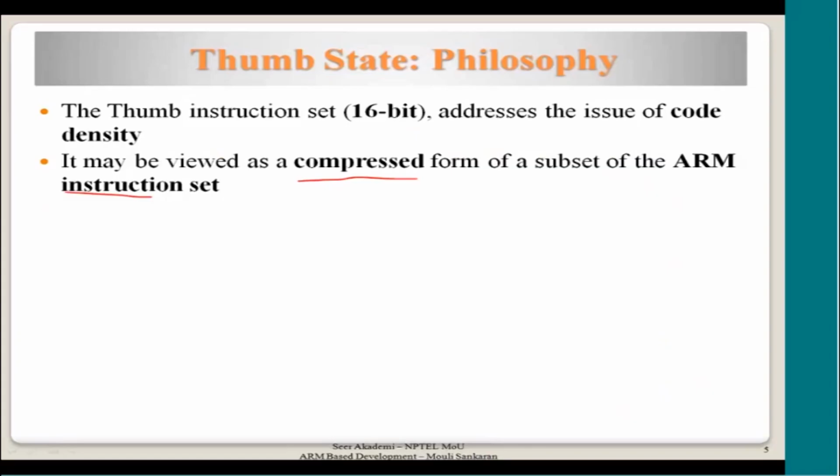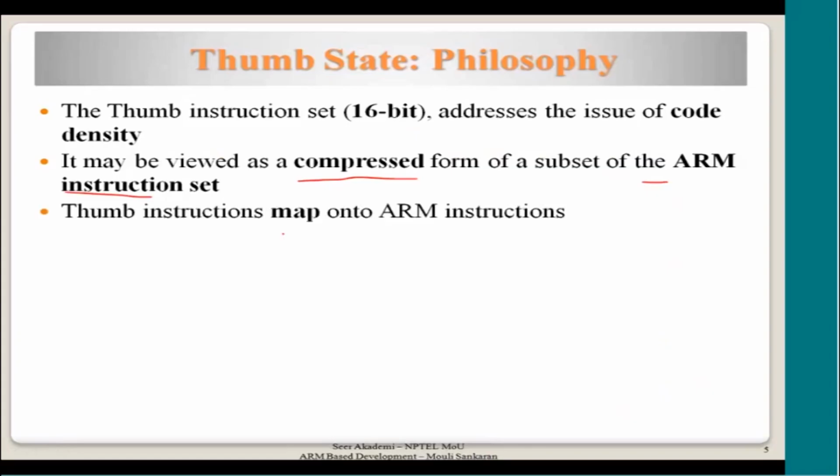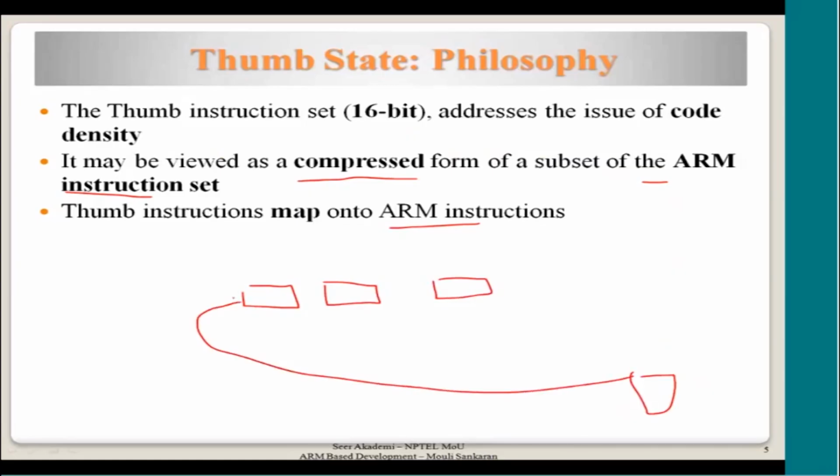Understand that. I will explain how the tool is compressing it, and how the ARM processor expands it. We will see. So thumb instructions map into ARM instructions. What I mean by that is, though thumb instructions are 16-bit wide and they are compressed and stored in the memory, after they come into the processor in the fetch mode, it comes as a 16-bit instruction.